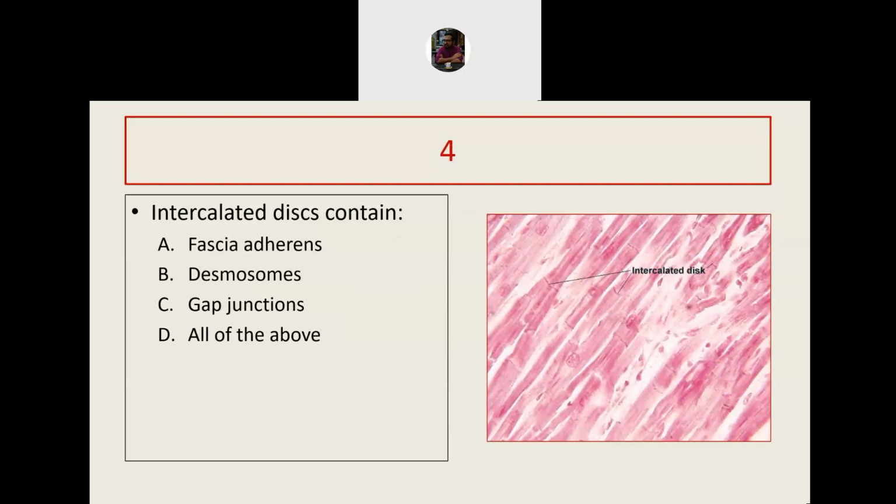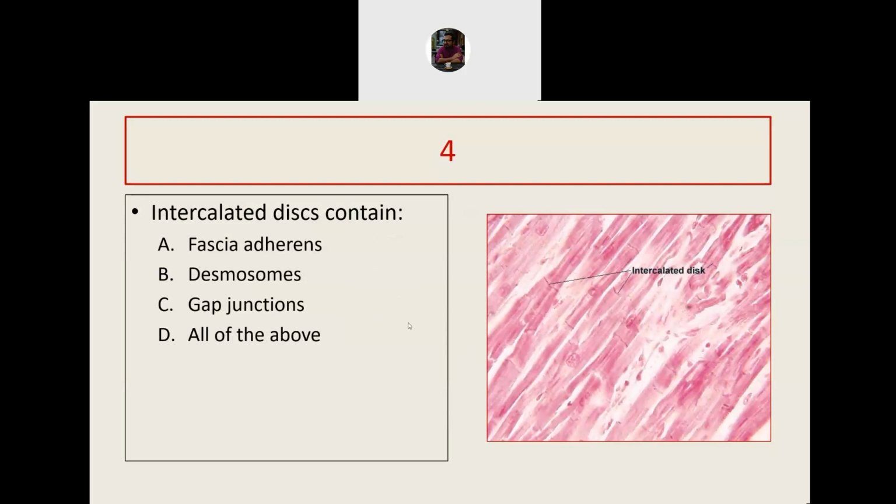So my question is, intercalated discs contain: A, fascia adherens; B, desmosome; C, gap junction; and D, all of the above. Here again, the answers are split between B, C, and D, as I can see.